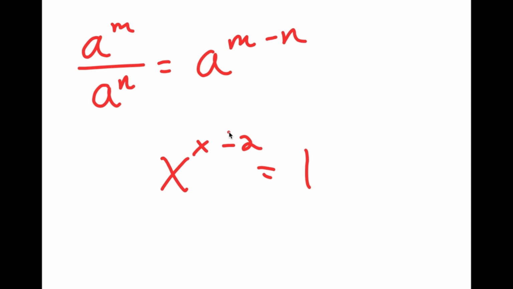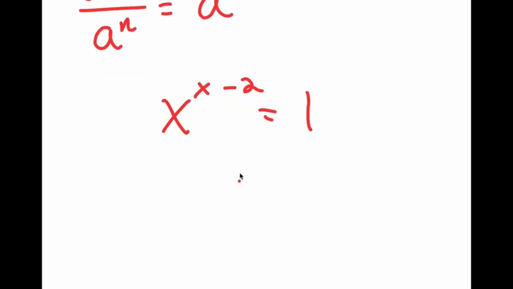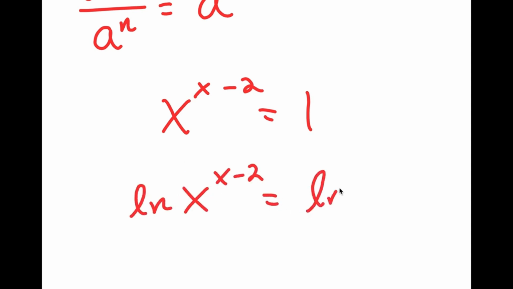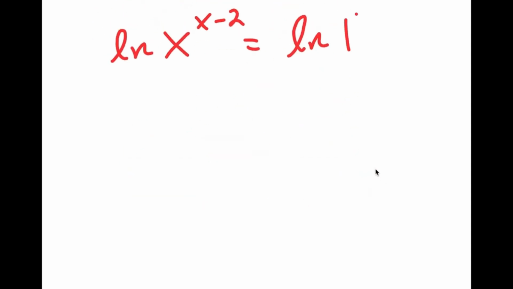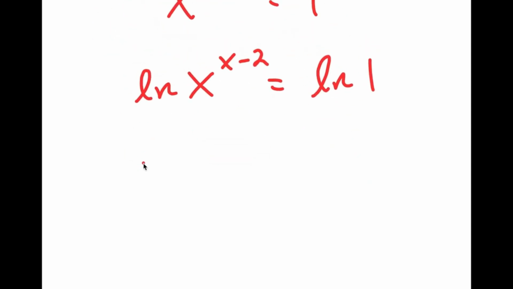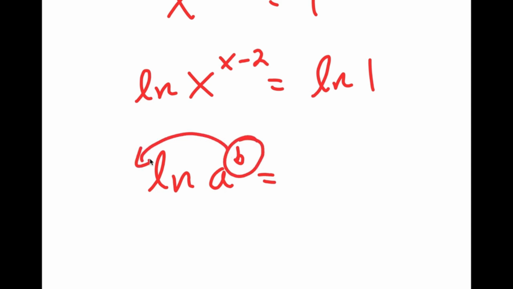And now what I'm going to do is take the ln, or natural log, on both sides. So I get ln of x to the power of x minus 2 is equal to ln of 1. Now the reason I did this is because logarithms have a special property where if I have something in the form ln a to the power b, I can simply move this exponent b to the front, so this is the same thing as b times ln a.